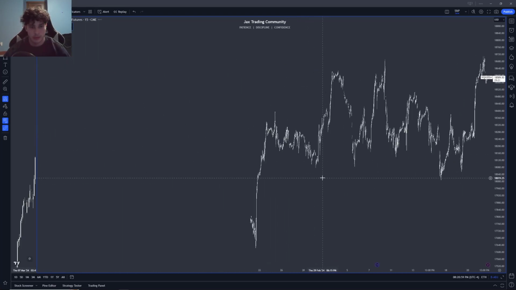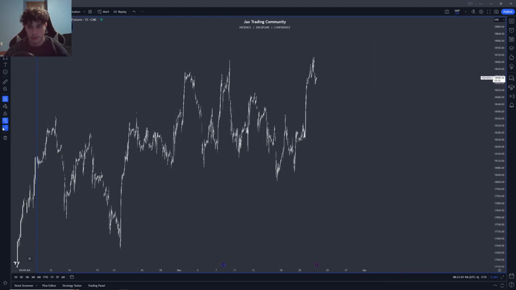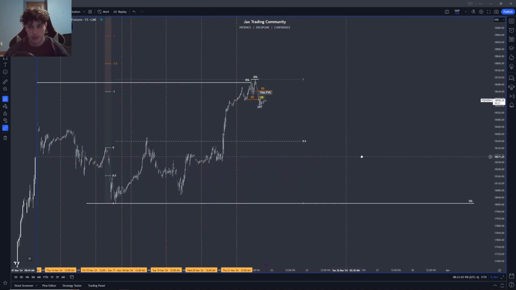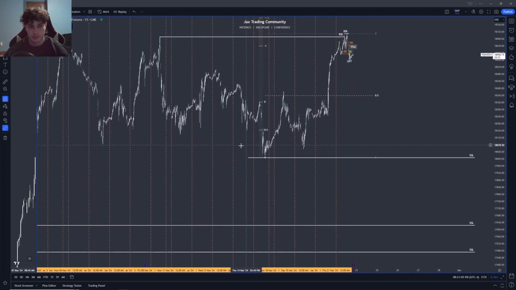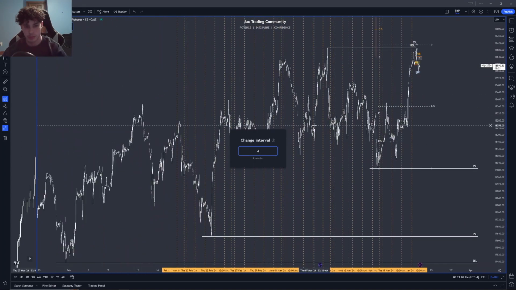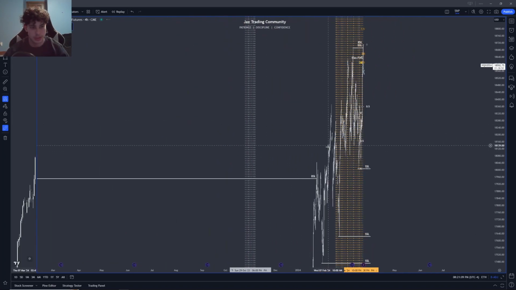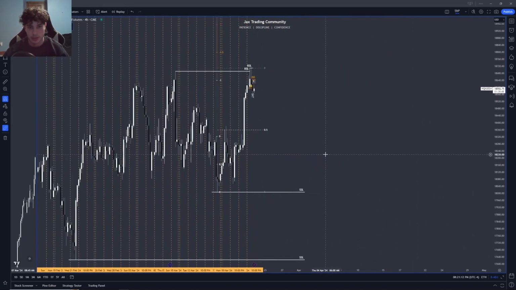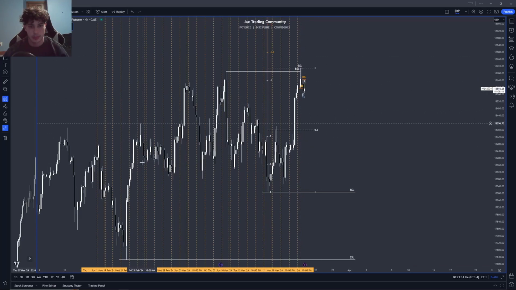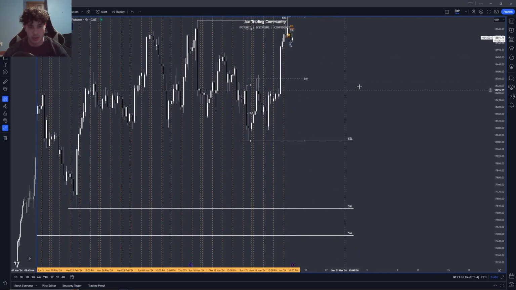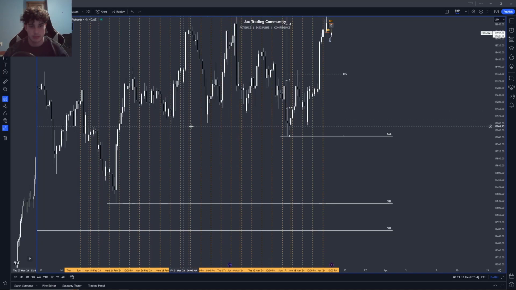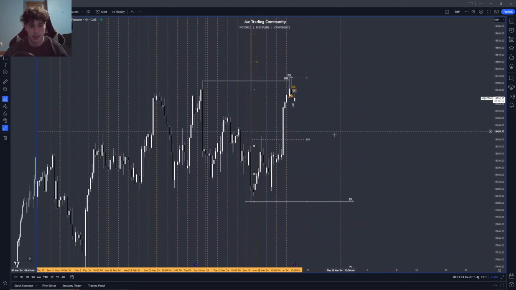What I mean by power of 3 here is that we had all of this consolidated move. Let me do this on the 4 hour. 4 hour is a really good example of this. We had this consolidated move of all these days, and then we came down, swept these engineered sell side, tapped this 4 hour, respected it, came back up, and the target would have been this high.